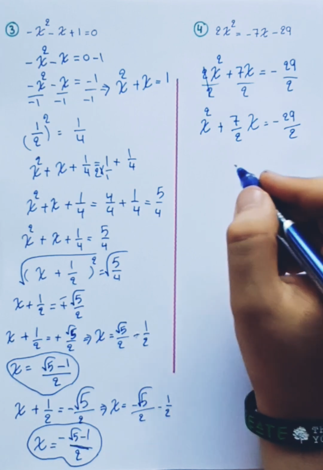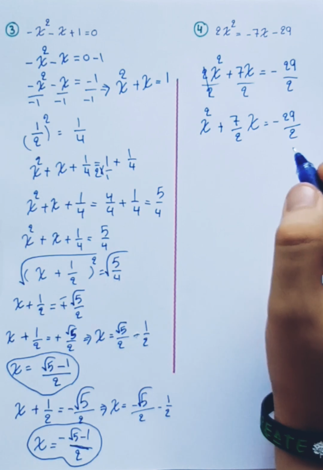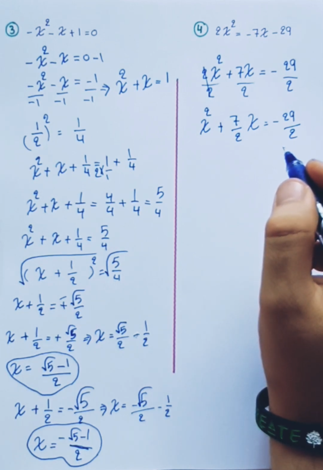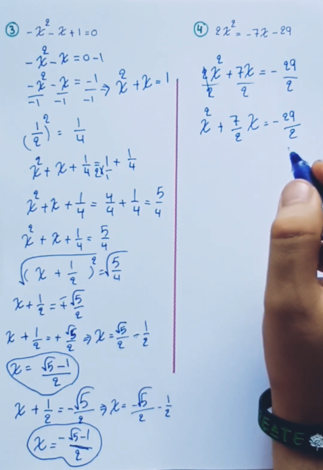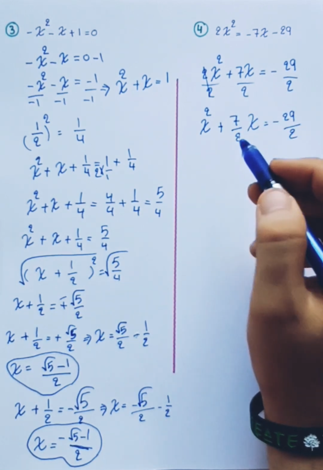After that, we have to find the value for the third term to make this equation a perfect square.